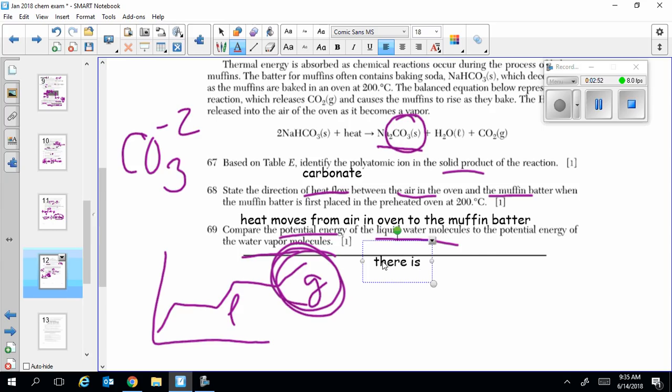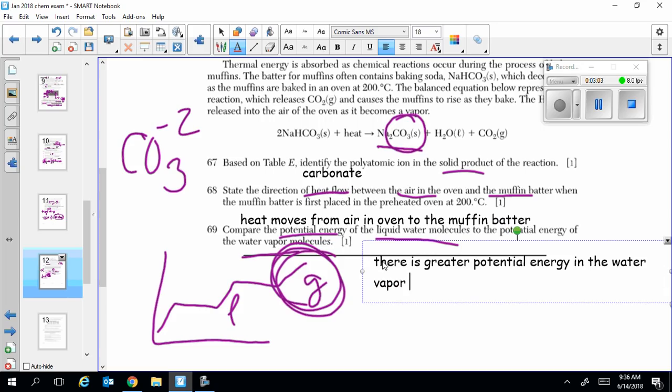There is greater potential energy in the water vapor molecules than the liquid water molecules. All right, so I always, when comparing, I got to state both.